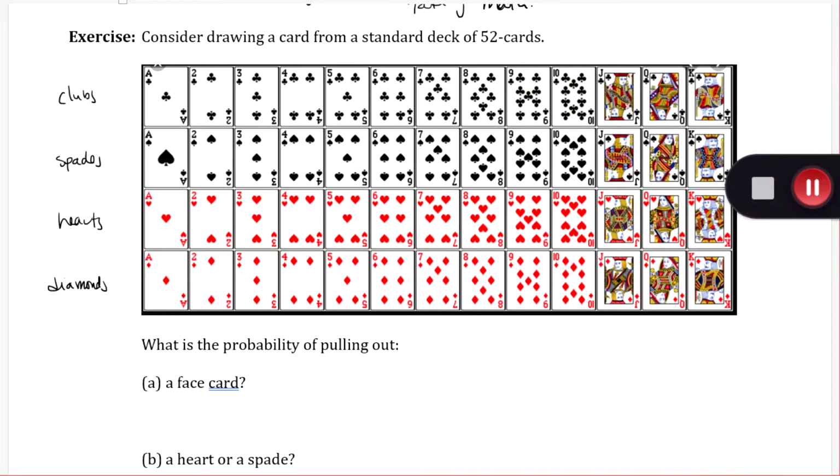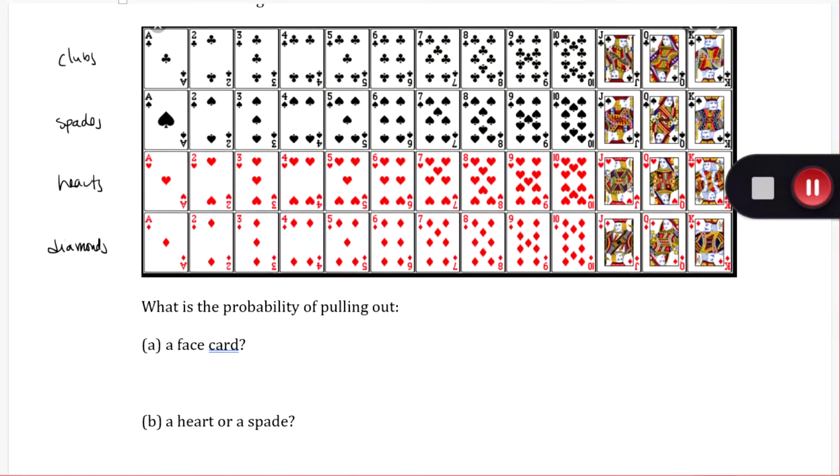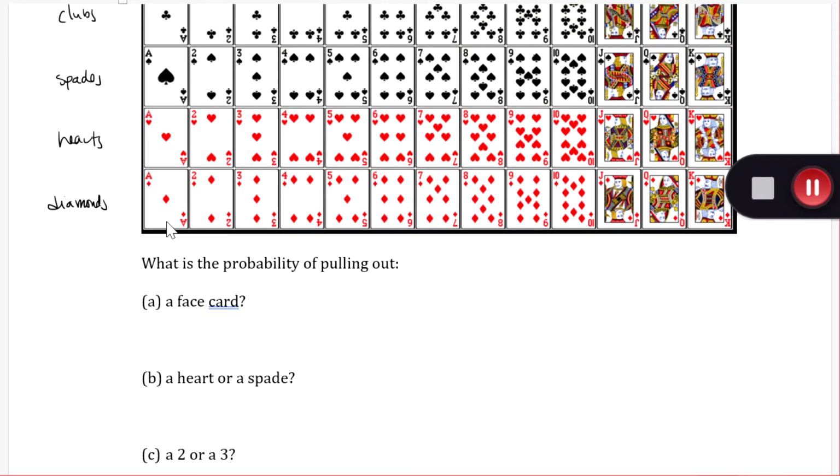What is the probability of pulling out a face card? So the probability of a face card is the number of face cards out of our total. So we had 52 cards total, and we have 1, 2, 3, 4, 5, 6, 7, 8, 9, 10, 11, 12 face cards.